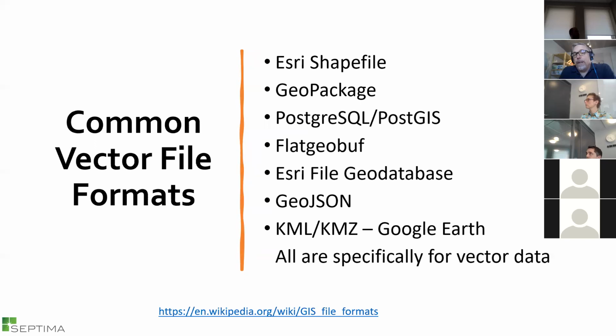And then there's a spatial database called PostGIS. And PostGIS is actually an extension of the database called PostgreSQL. And a lot of your data resides in this database. And there are other formats, but I don't think you need to concern yourselves so much with anything other than the first three in the list here.